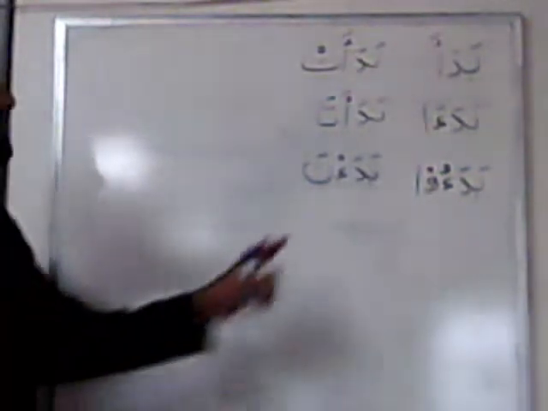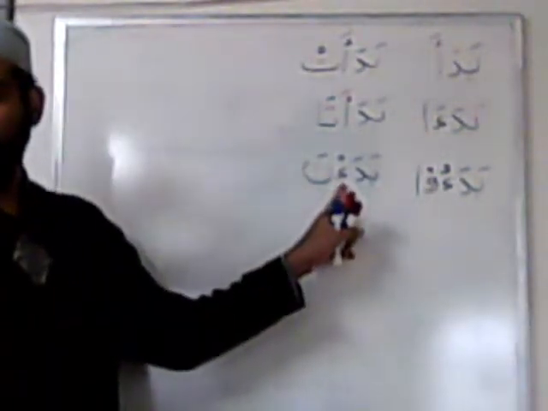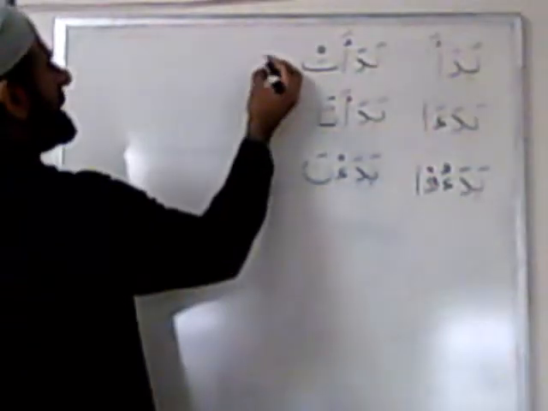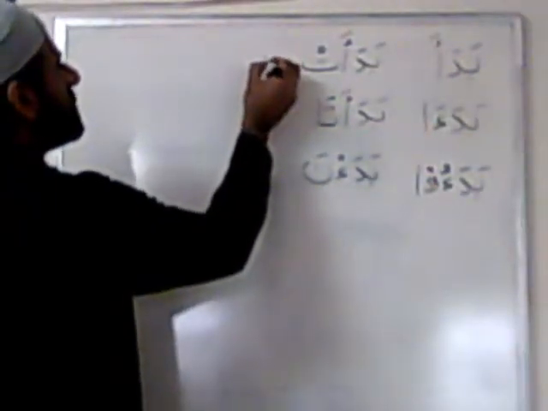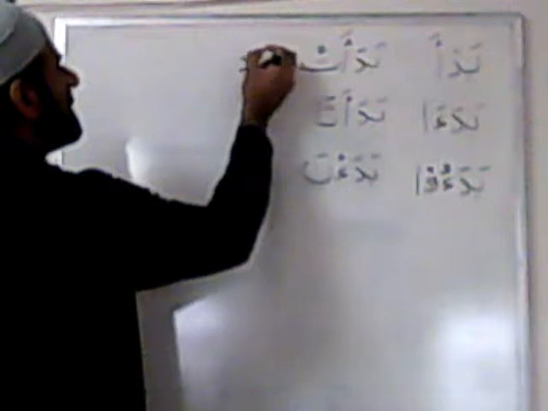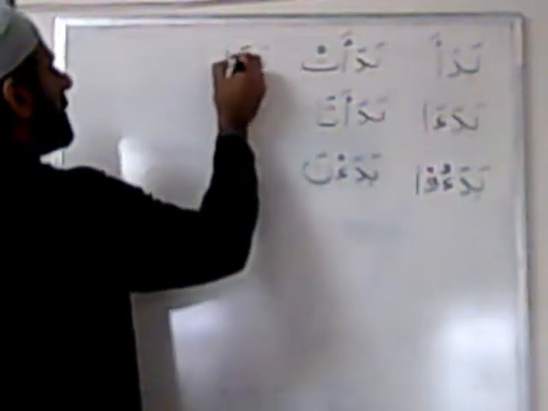Once again, you can even write this with an alif if you want, with the hamza on top, because it's the same, it doesn't change. Bada'na. And then you, male, created: bada'ta.